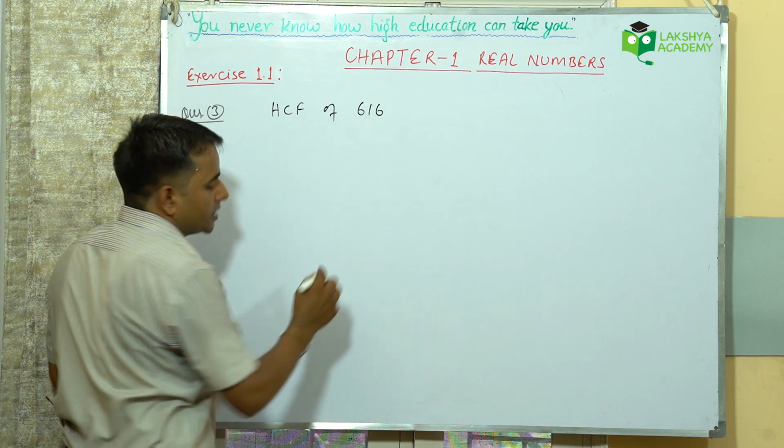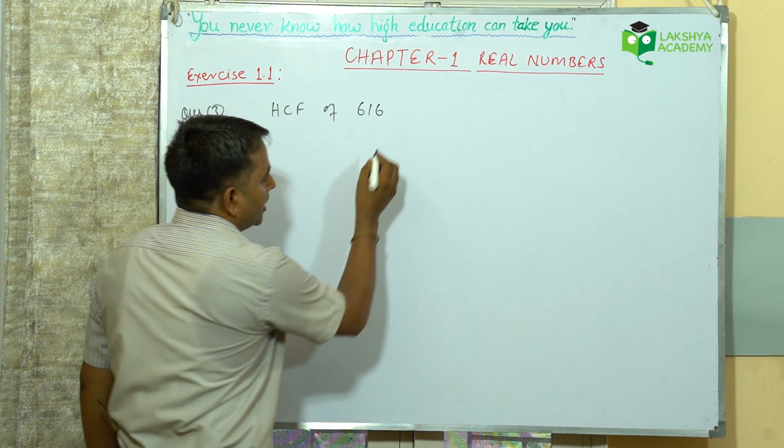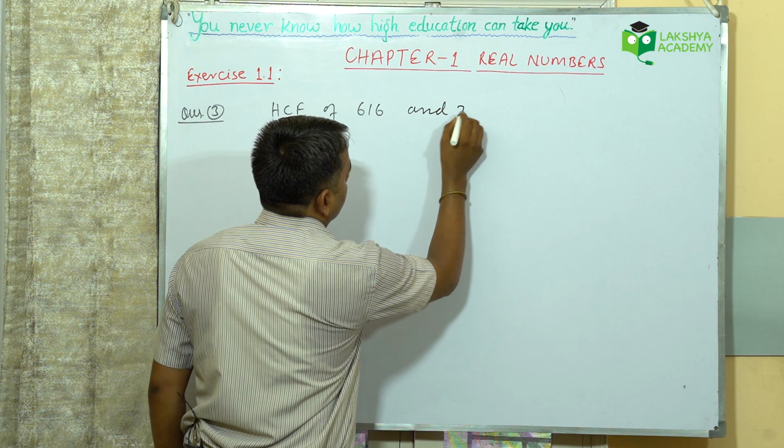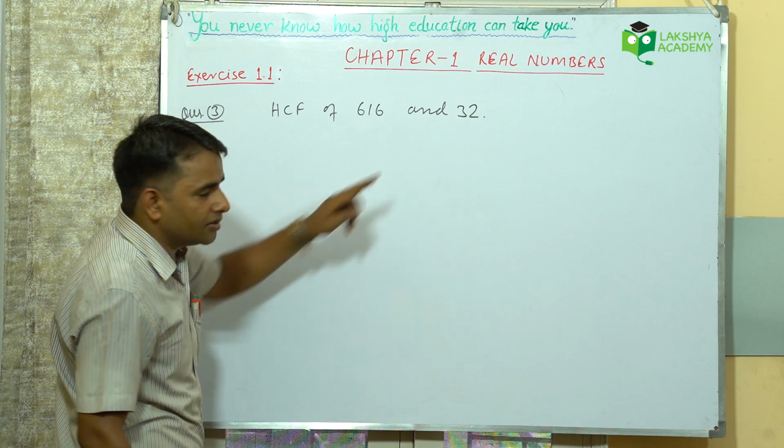of 616 and 32. So here 616 is greater than 32.